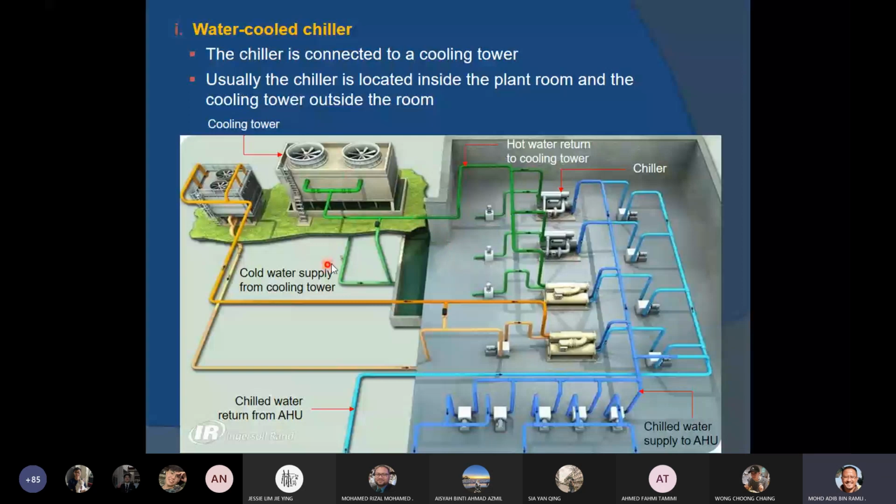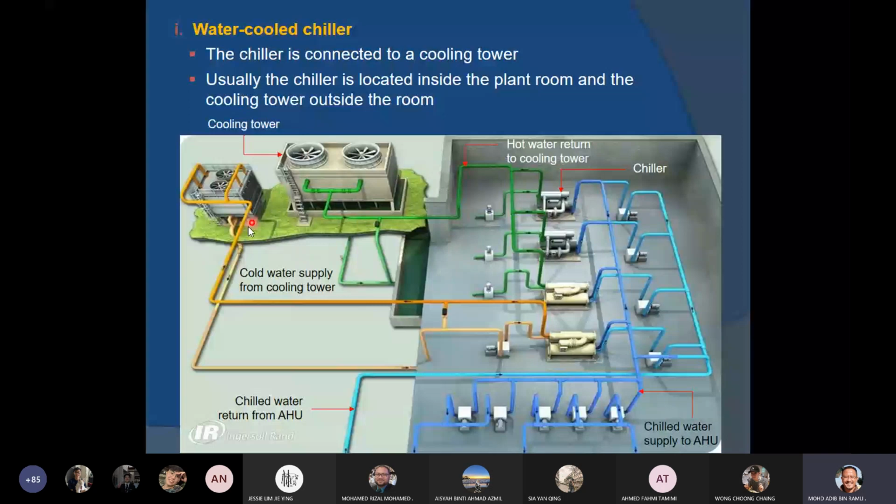Usually the chiller is located inside the plant room and the cooling tower outside the room. So you can see here, this is one example of the arrangement of the chillers and the pump inside the plant room. Just imagine that the grey color is the enclosed space, and the cooling tower is located outside, maybe just on the ground like this.